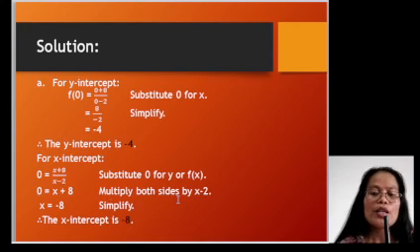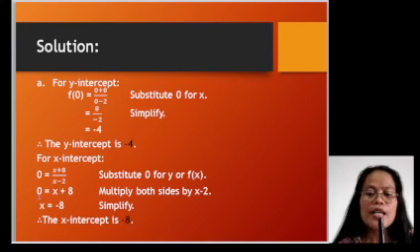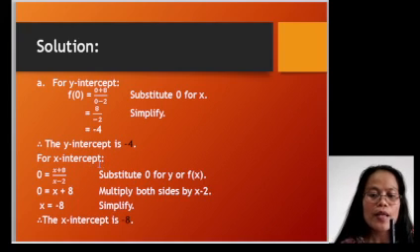So x minus 2 times 0 is 0, and x plus 8 over x minus 2 is x plus 8. We cancel the x minus 2 that we multiplied at the right side because we have denominator x minus 2.